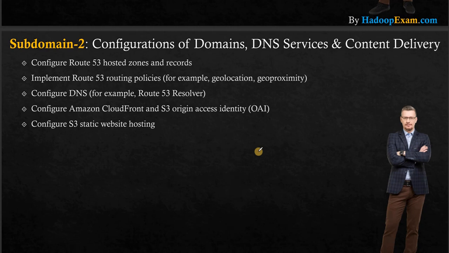Content delivery matters. Suppose you hosted some videos in the US availability zone, and you are accessing this video from India. Then obviously there is latency, correct? Data would transfer from the US to India, so it would be very slow.